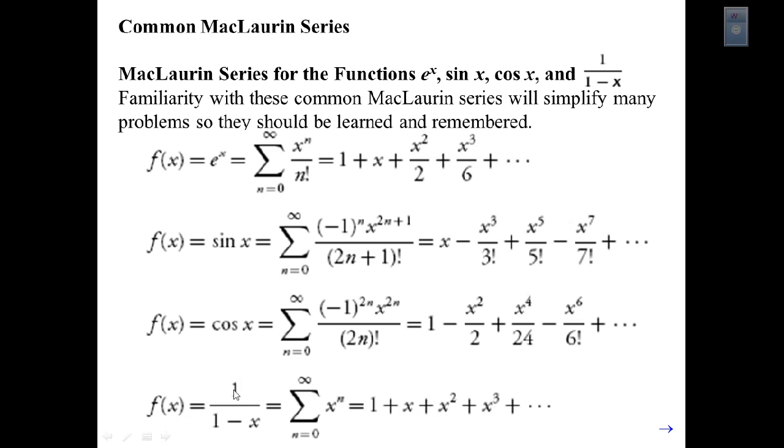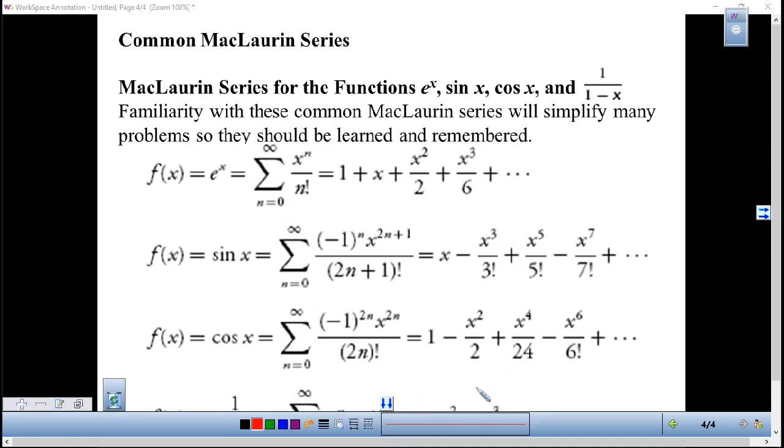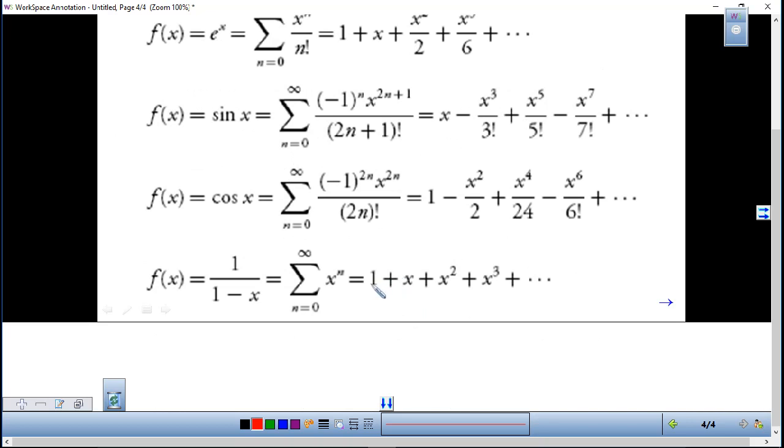And then f of x equals 1 over 1 minus x. Well, notice here we've got all the terms we had up here, except we get rid of those denominators. So the denominators here go away. And the reason is that we actually end up with 1 plus 1 factorial over 1 factorial plus 2 factorial over 2 factorial plus 3 factorial over 3 factorial.